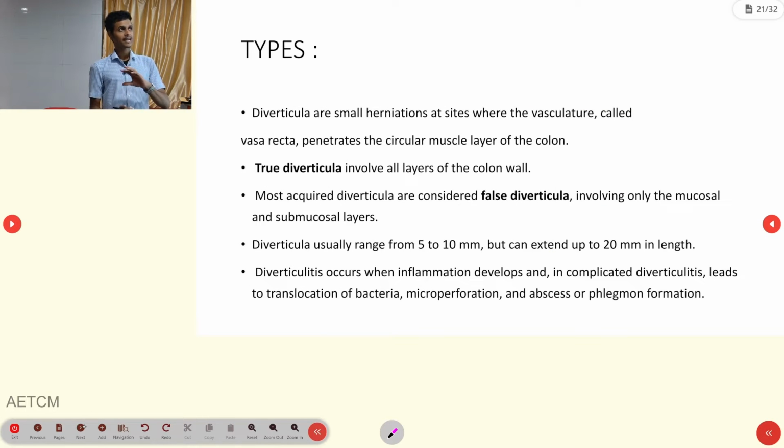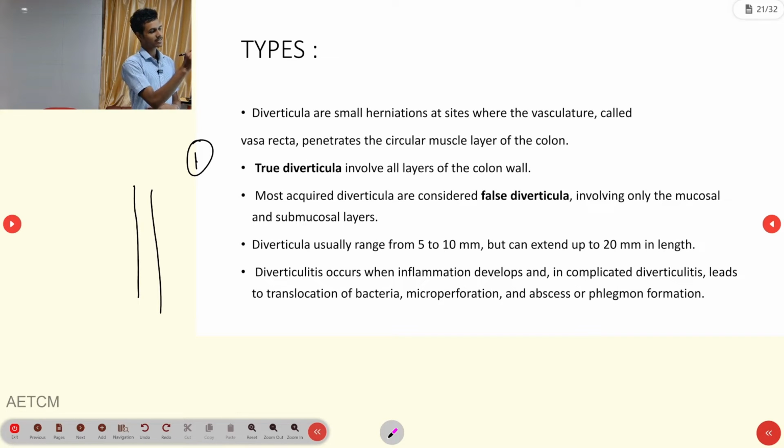So, what are the types? We are going to categorize them in two different ways: first, based on the wall or layer involvement, and second, based on complication. Layer-wise, think about the wall of the gastrointestinal system: mucosa, submucosa, the muscular layer, and finally the serosa.